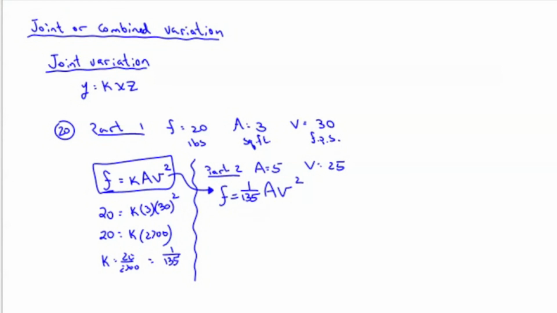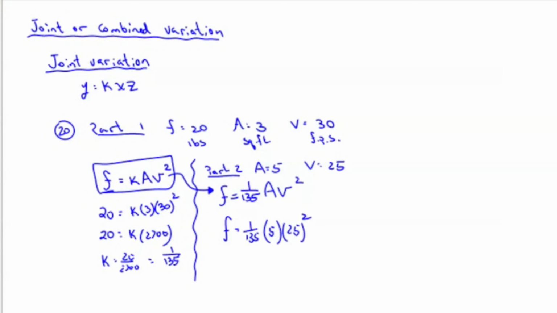But of course, you need two numbers to plug in. I can plug in A and I can plug in V. It should be a capital F, but I already wrote it down, so that's all right. F equals 1 over 135, A is equal to 5, V is equal to 25.